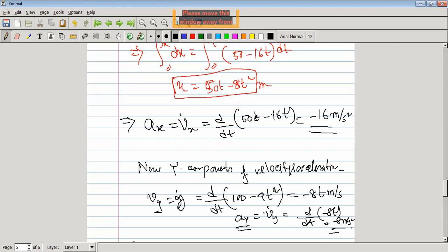So up to this, does anyone have any question in this math? This is a curvilinear motion based problem. Anyone have any question up to this?